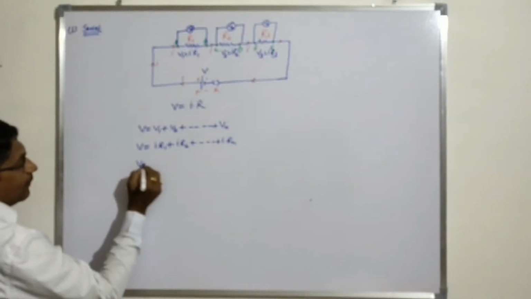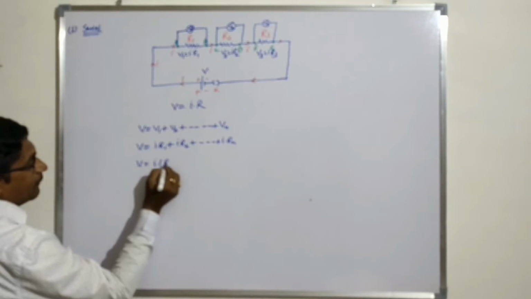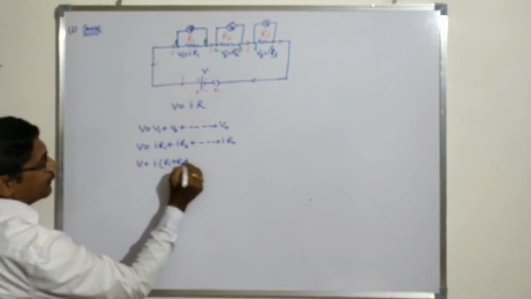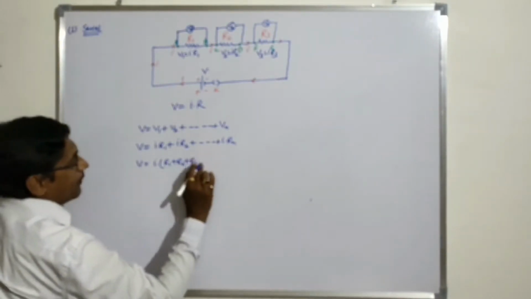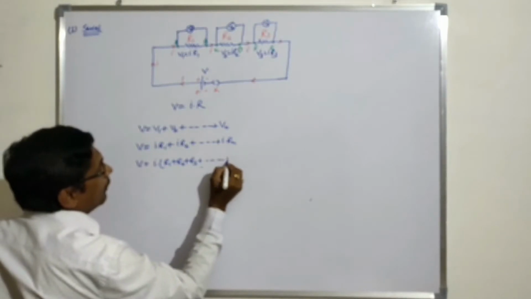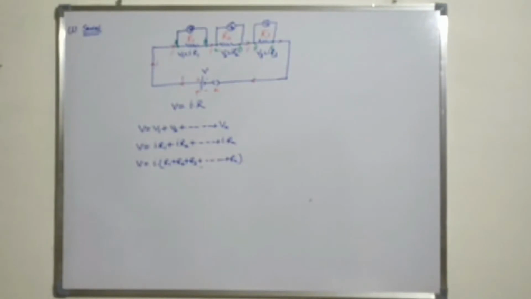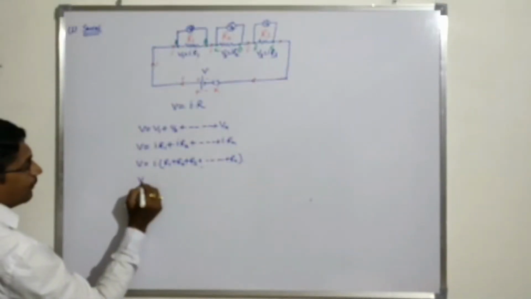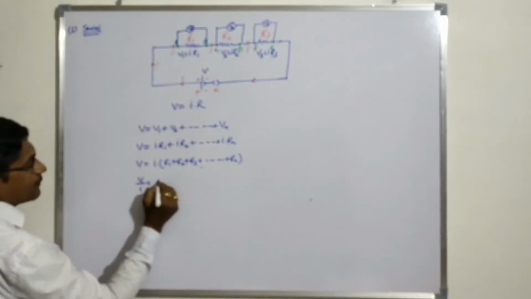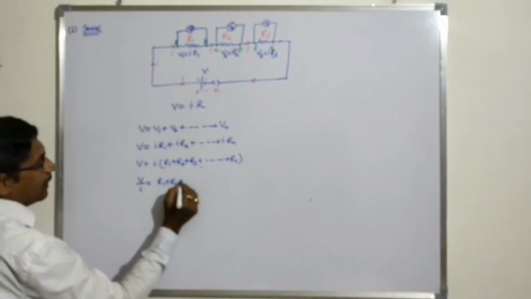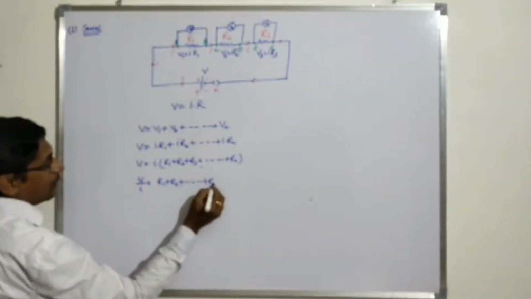Here current is common, so V equals I times R1 plus R2 plus R3 up to Rn. Resistance is never negative, that's why we always use the positive sign. Now we can write V upon I equals R1 plus R2 up to Rn.